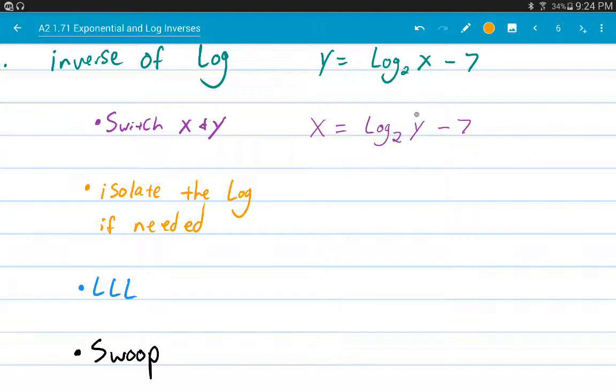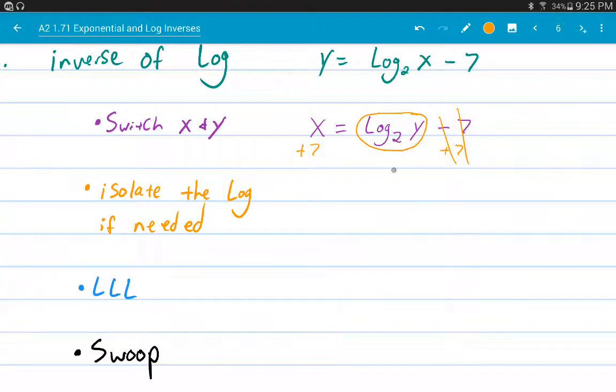Does it need to be isolated? Yeah, this needs to go away. So we've got to get rid of this. In order to get rid of this, I'm going to add 7, so this cancels out. And I need to add 7 on the other side as well. So this is by itself now, which is great.